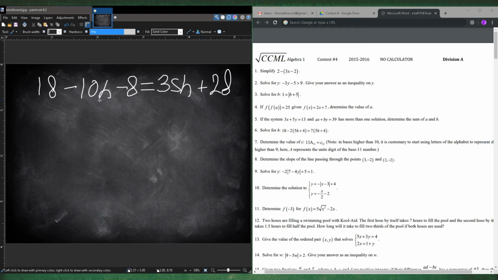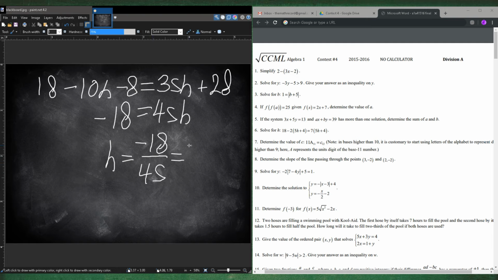Add 10h to both sides, so you get 45h. And then 18 minus 8 is 10, minus the 28 is negative 18. So h is equal to negative 18 divided by 45. They're both divisible by 9, so that's negative 2 over 5. So the answer is negative 2 over 5.